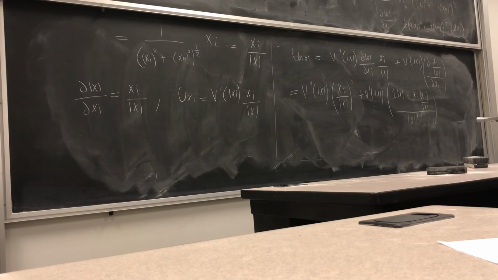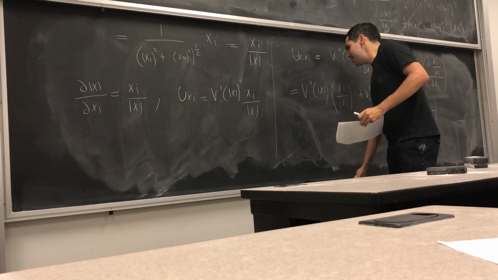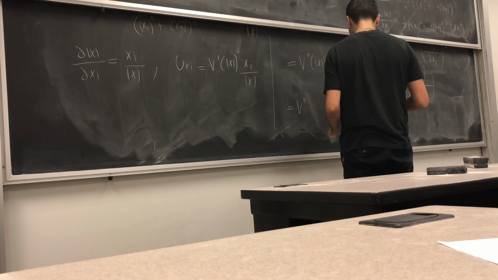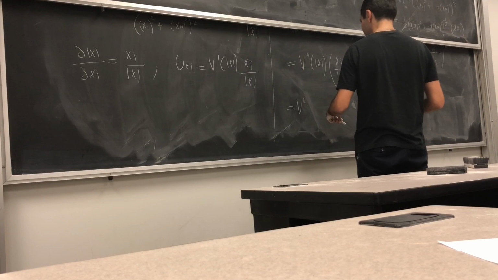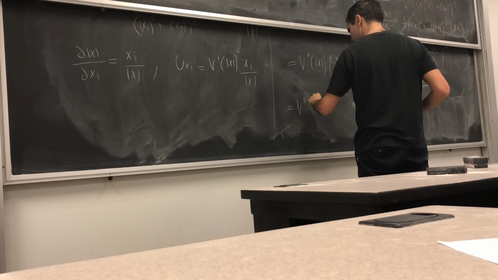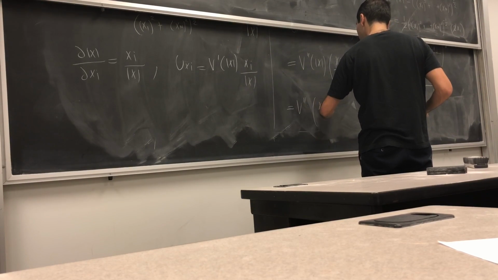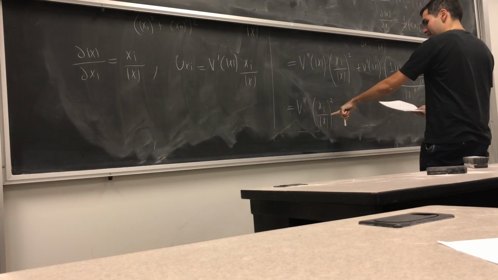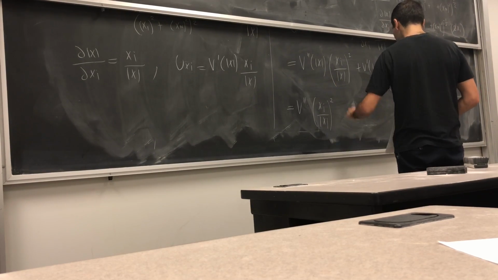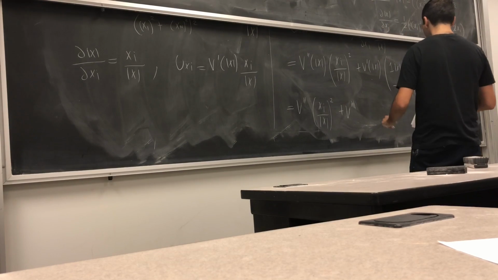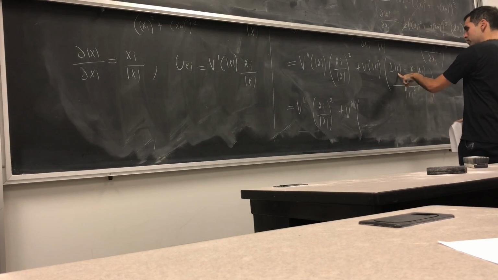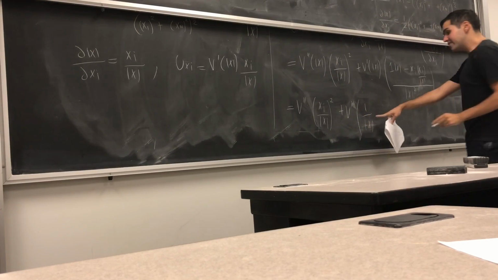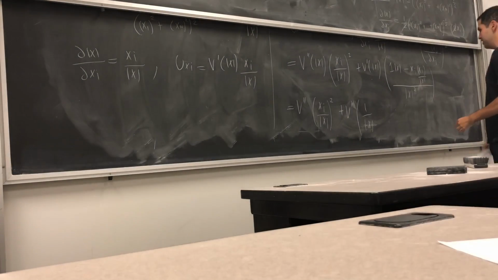Okay. And let's see if we can simplify this. In fact, we can, because we still have v double prime. Again, let's forget the inputs for a second. So v double prime times xi over absolute value of x, squared, plus v prime, and then we have absolute value of x over absolute value of x squared, which simplifies to 1 over absolute value of x.